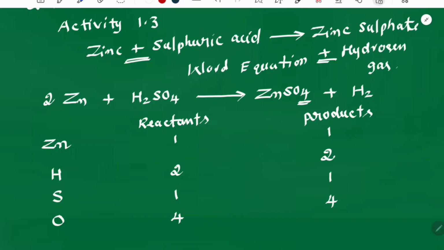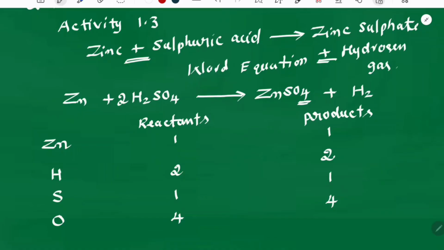Here, for example, I can keep 2H2SO4. That means 2 molecules of sulfuric acid. In these 2 molecules of sulfuric acid, how many hydrogens? Just multiply 2 by 2: subscript into coefficient number.